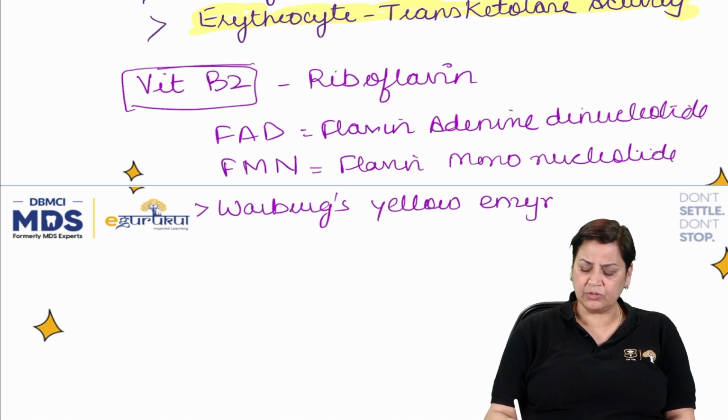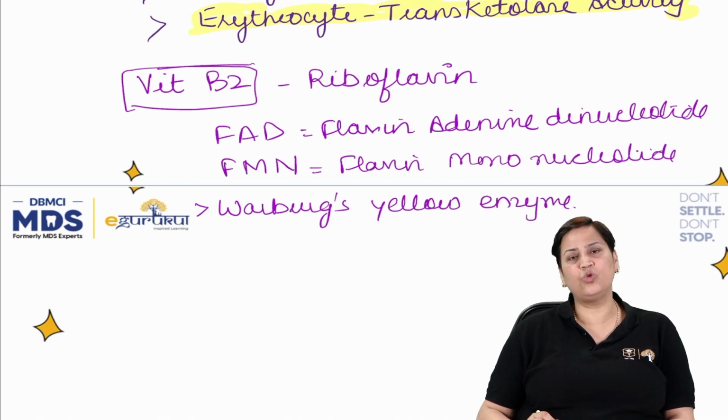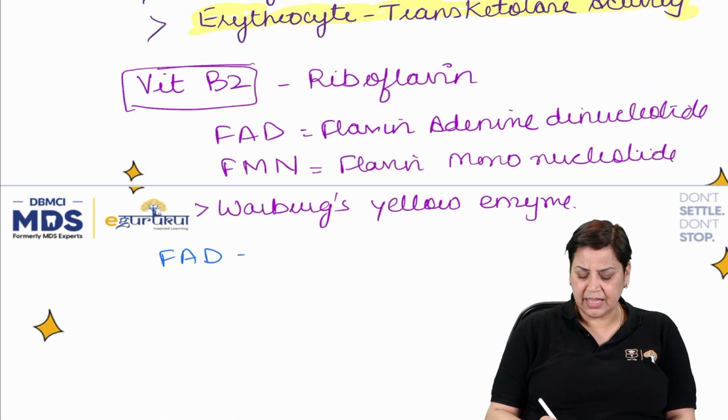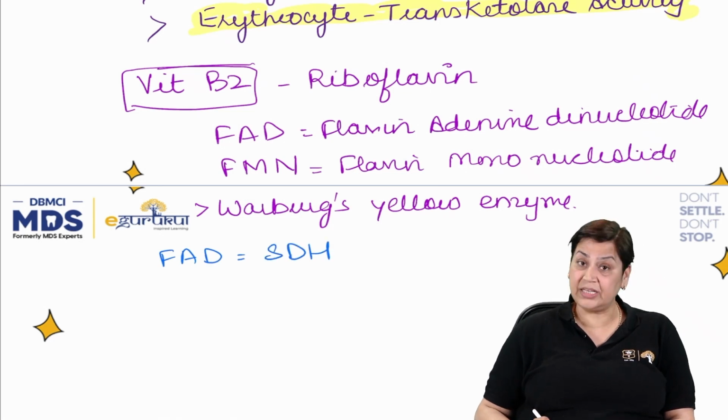Now, there are so many reactions where FAD and FMN are used. Common reactions: FADH2, for FAD you can write the example of succinate dehydrogenase, which is a very important reaction.